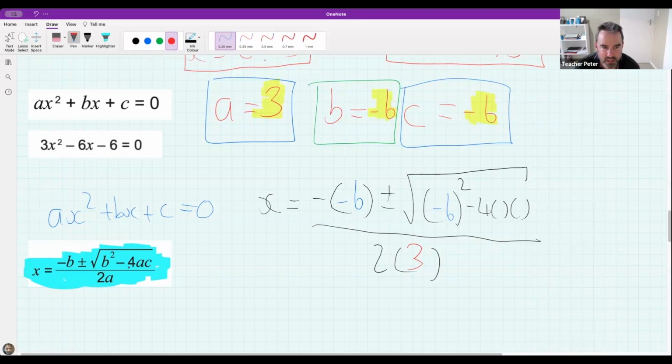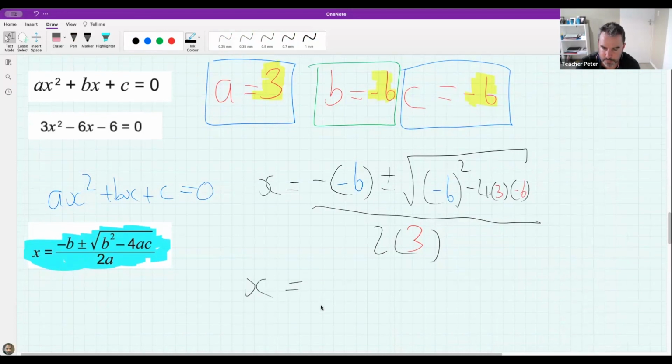What is the 4A? A was 3. And what is C? C is minus 6. All the formula requires is to take the A, B, and C values and plug them in. But then you have to do some cleaning up. So you will go minus minus 6 is 6, plus or minus, and we'll leave that. And then below that is 6.